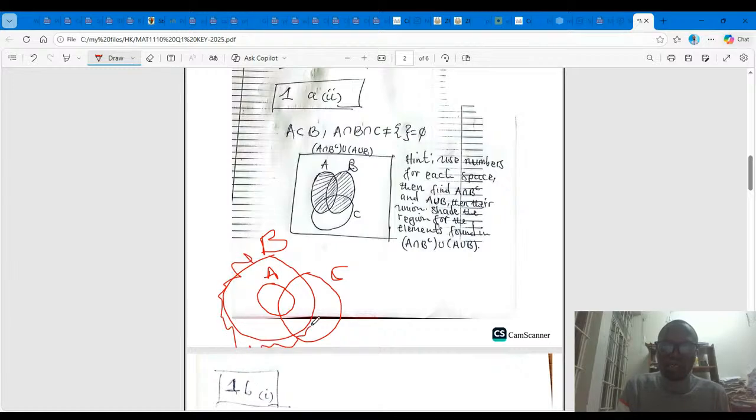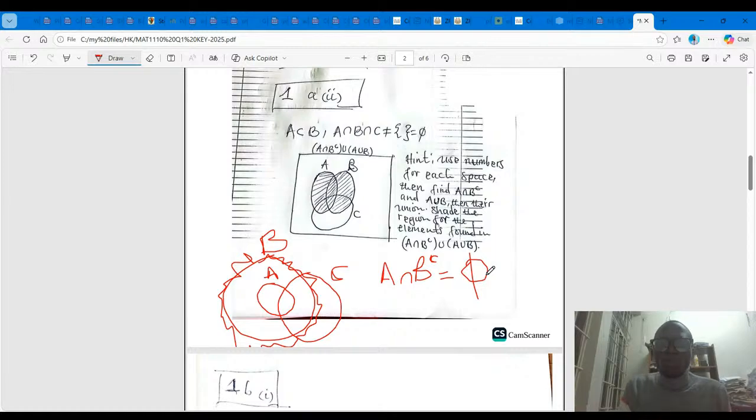Now, where that intersects A, it does not exist because A is inside B. So A intersect B complement is an empty set.